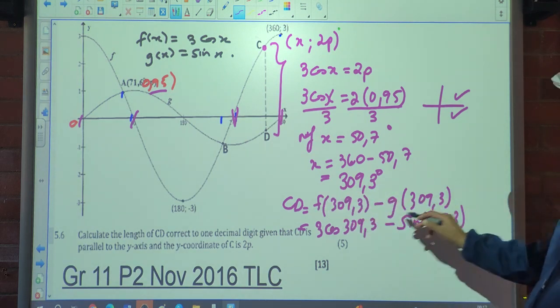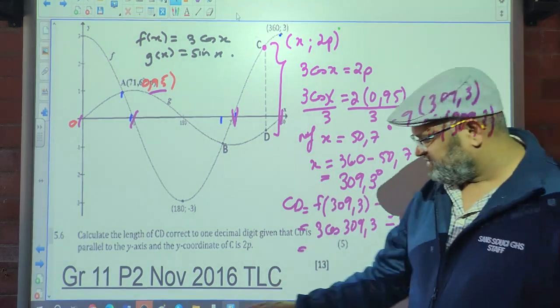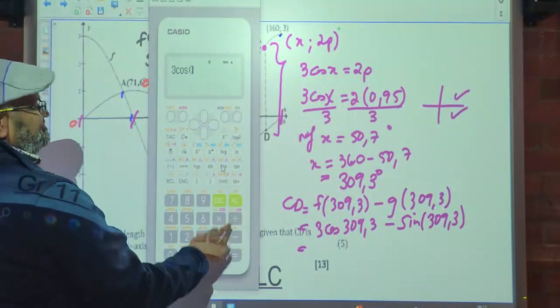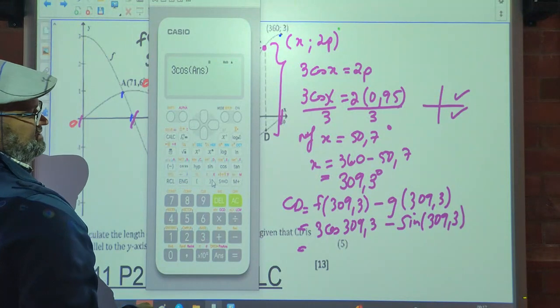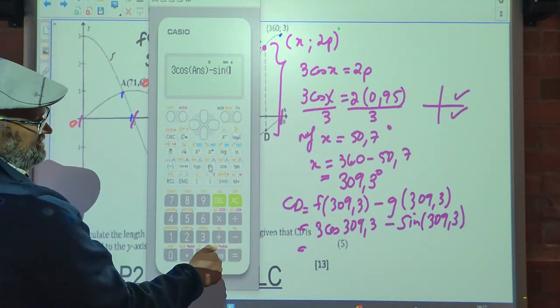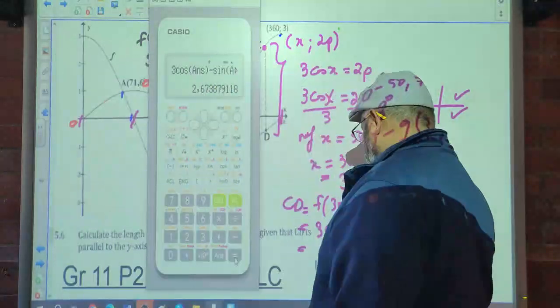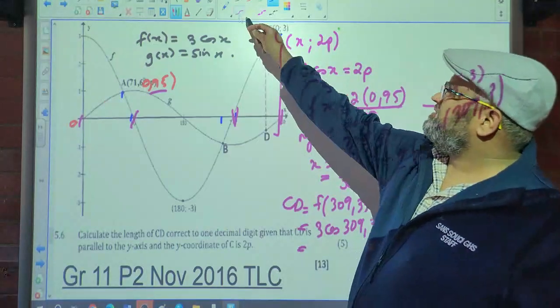Okay, I don't need this line here. I could have gone straight into this if needed. So it's going to be 3 cos, that answer, minus sine, that same answer. Gives you a distance of 2.67.